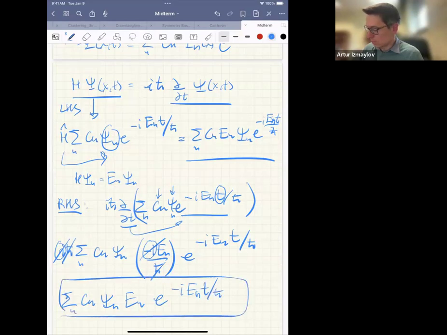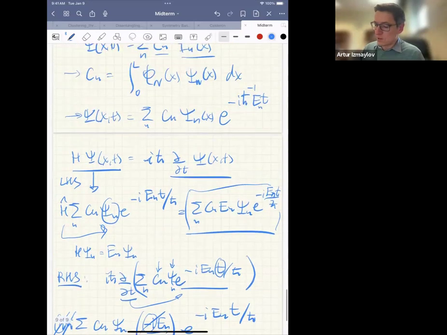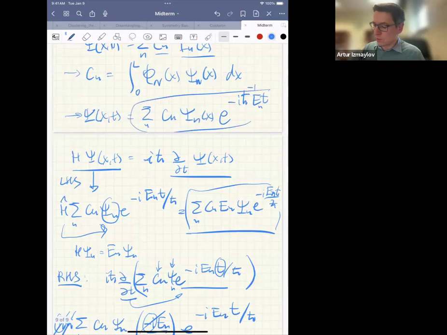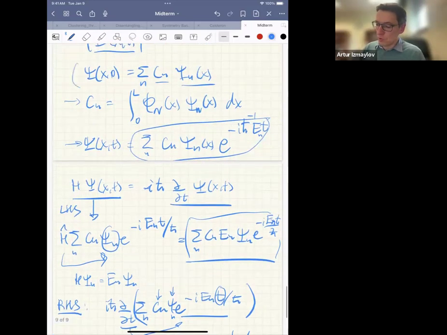That's our right-hand side. And you can check that now the left-hand side and right-hand side are the same. So that simply means that this form is a solution of the time-dependent Schrodinger equation. And in order to go from the psi 0, we just need to find the coefficients in order to get to this form.